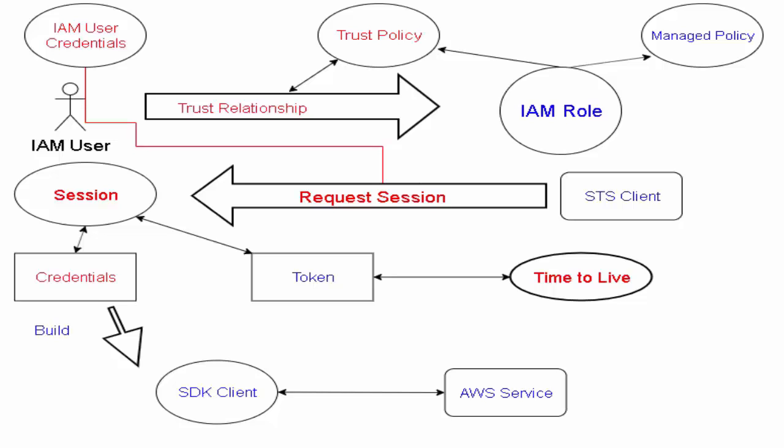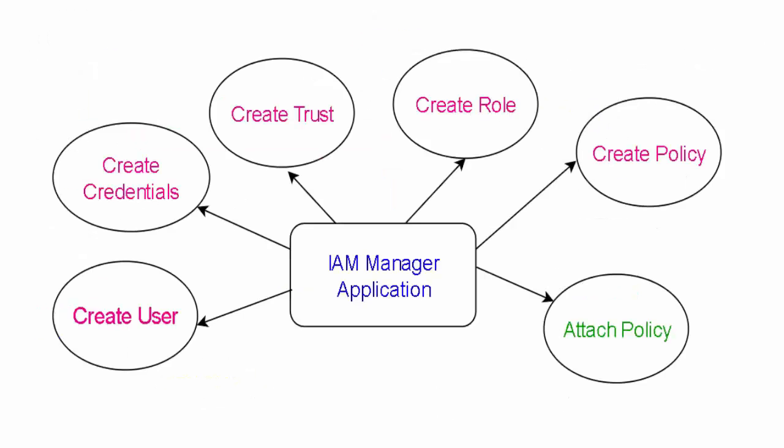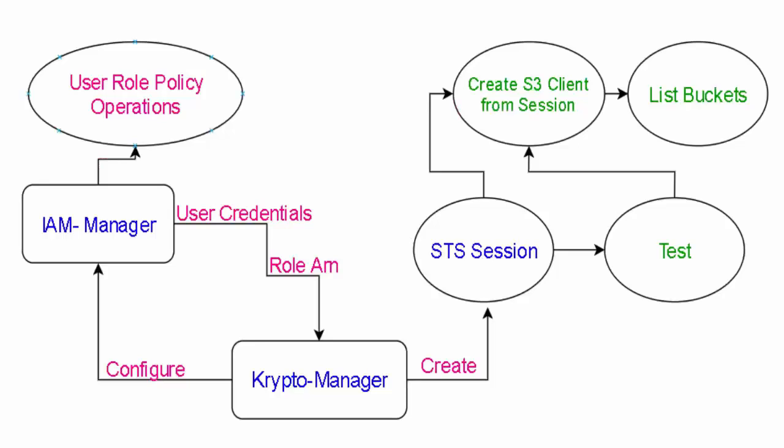To facilitate the test, we will introduce a new application, IAM Manager, which is a wrapper around the AWS IAM SDK. We will use the IAM Manager in conjunction with the Crypto Manager to run an STS session test. We will create all the IAM entities involved with the IAM Manager, and configure those entities with permissions.